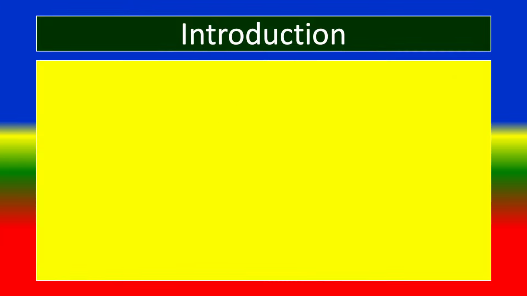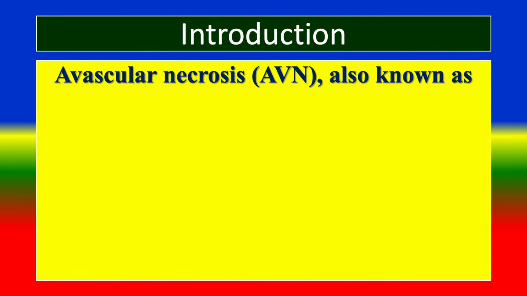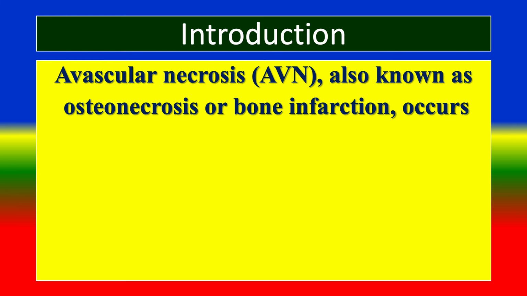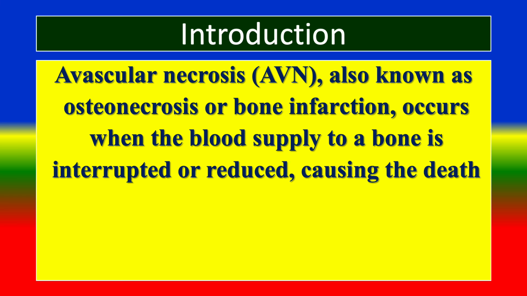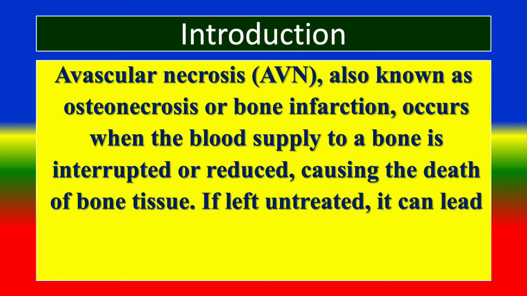Introduction. Avascular necrosis, also known as osteonecrosis or bone infarction, occurs when the blood supply to a bone is interrupted or reduced, causing the death of bone tissue.